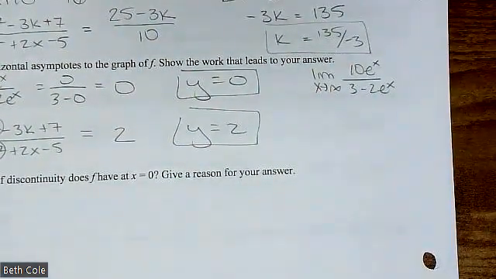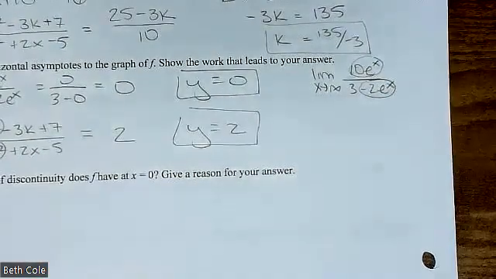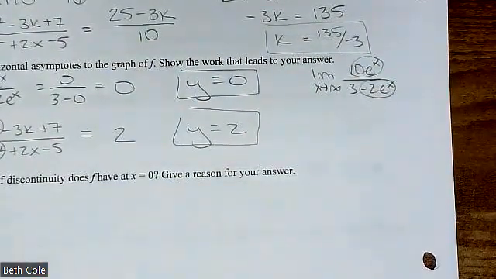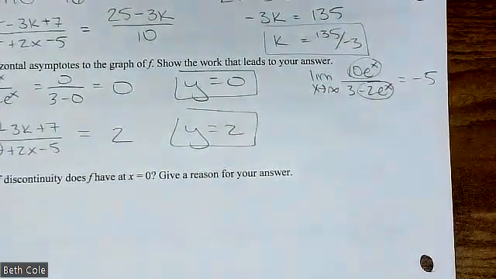When you're looking at who's in charge, you have the 10e to the x and the negative 2e to the x. Those are the same as far as who's in charge here. So when it's the same, you use what? Coefficients. So 10 over negative 2 would be negative 5. Okay, just for the sake of being fair. But if it goes to negative infinity, it's going to be 0.